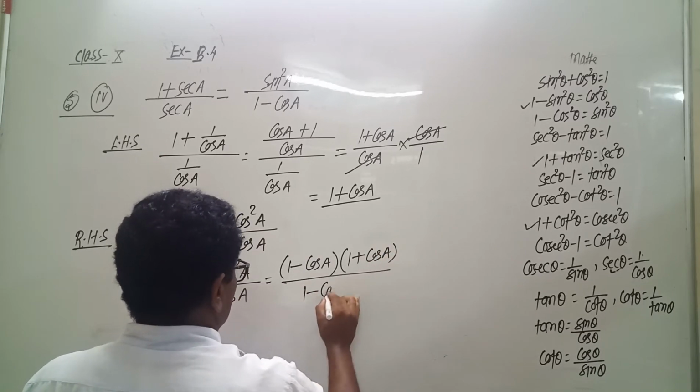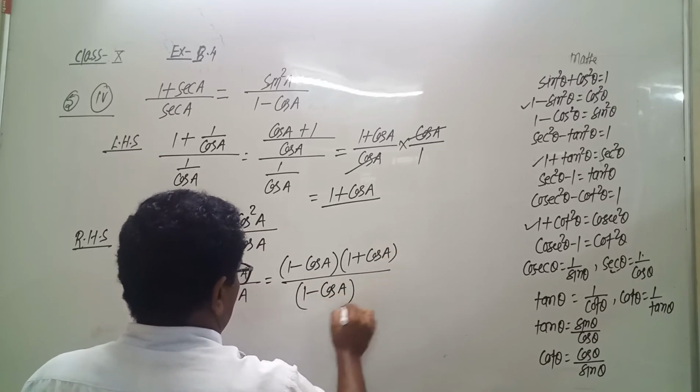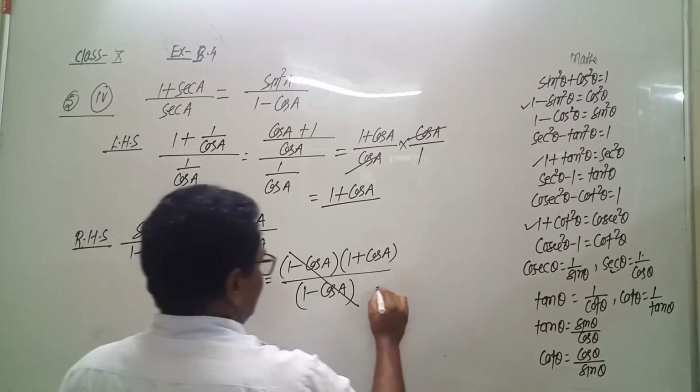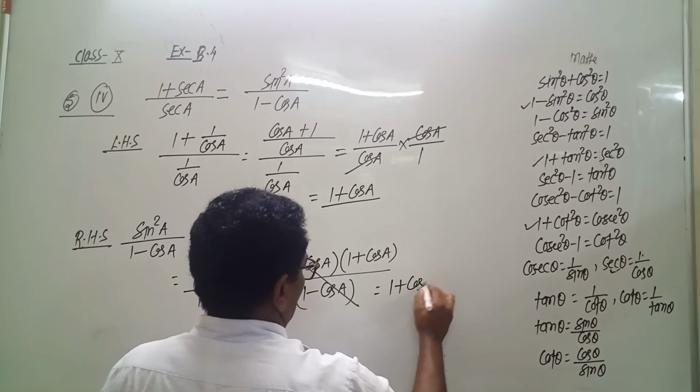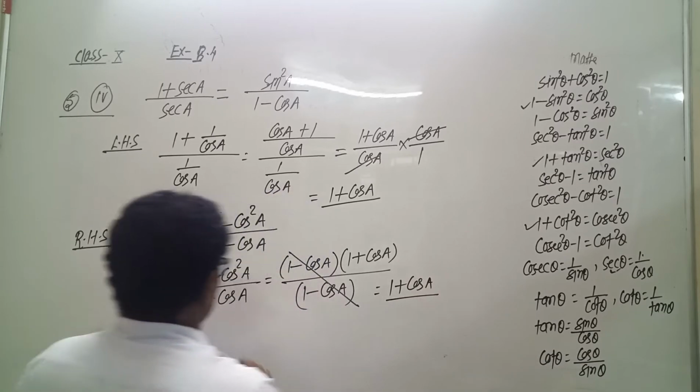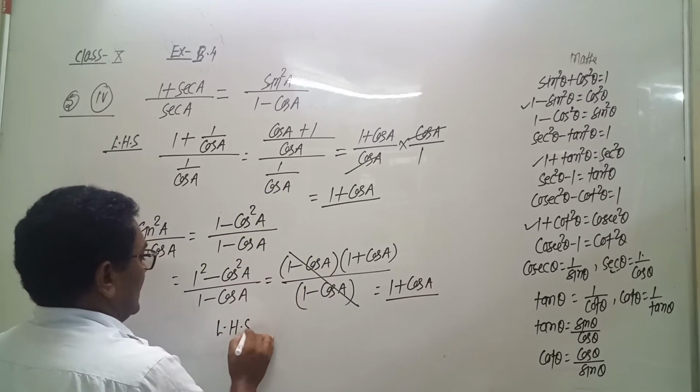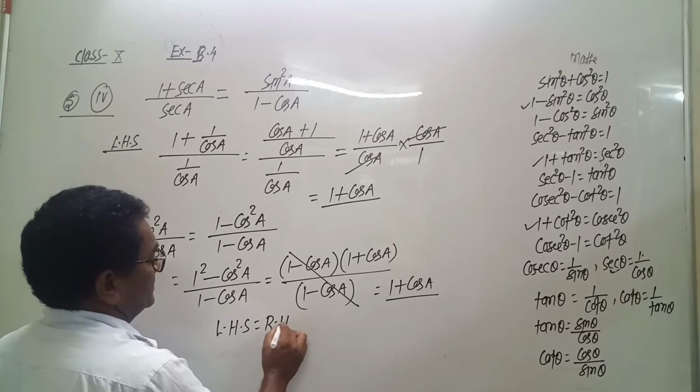Then 1 minus cos A gets cancelled, and the result comes to be 1 plus cos A. So we can say that LHS is equal to RHS.